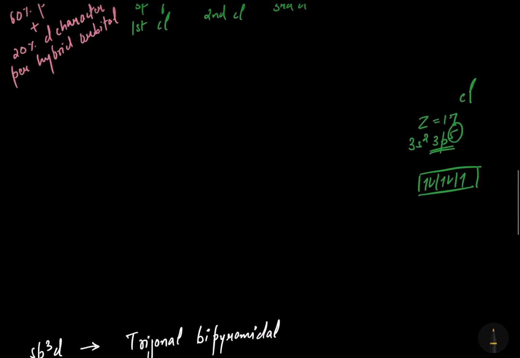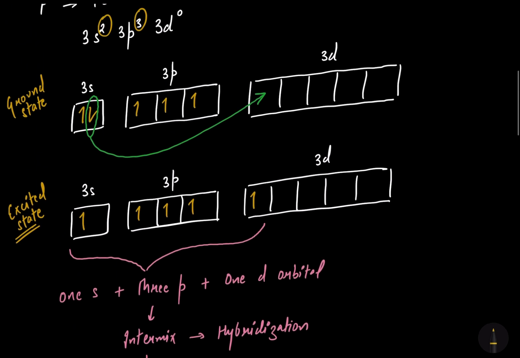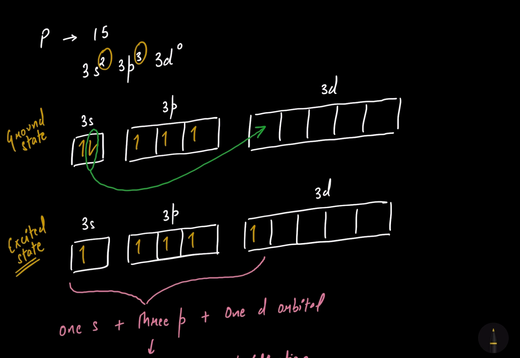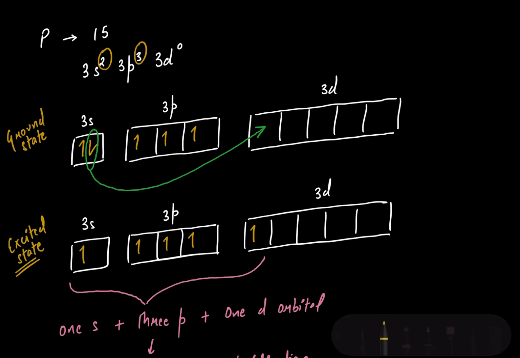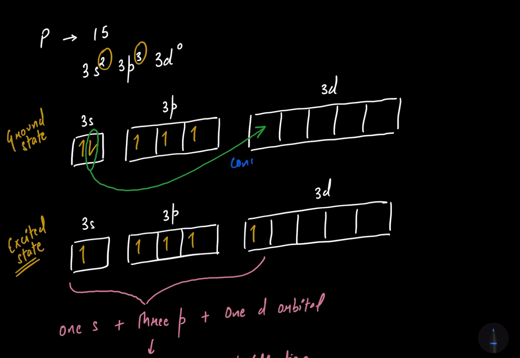Now let's come to the last point, that's of energy. So here in this hybridization process, there is a consumption of 2 types of energies. The first one is the consumption of energy for promoting the electron from 3s to the 3d. So that's what will be called the consumption of promotional energy.